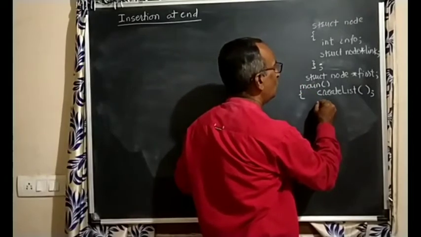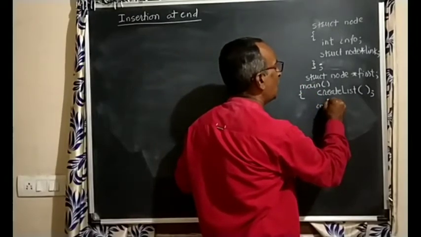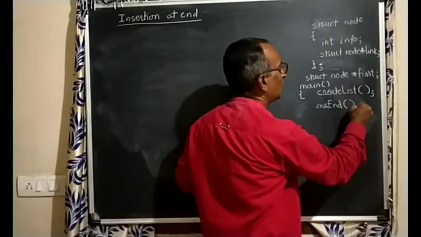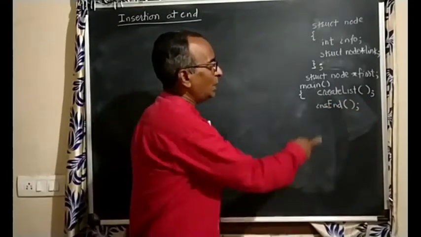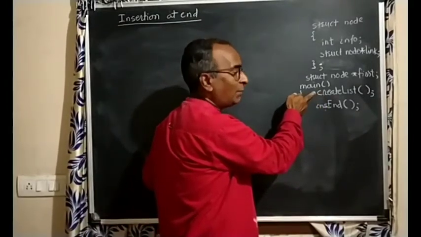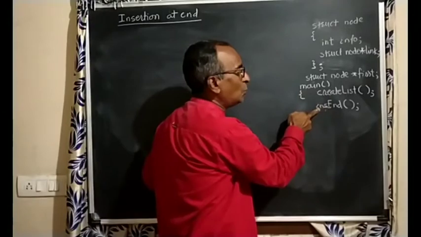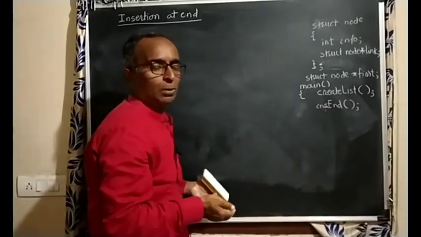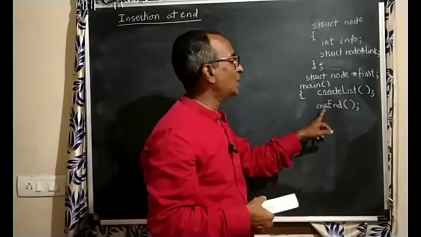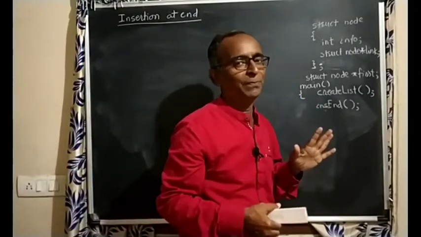Suppose I want to call insert at end. This call should, in whatever list you have created, add a new node at the end.